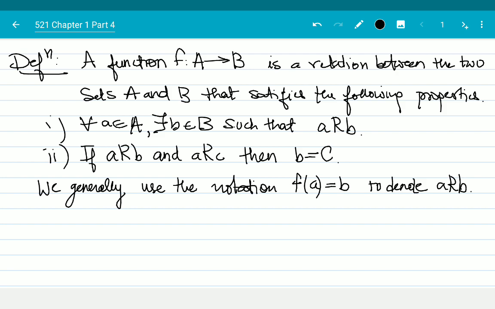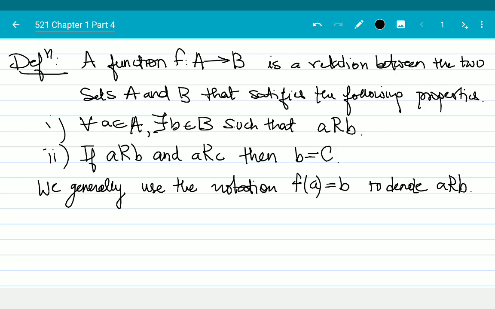Okay, so you have seen functions before. You have probably done calculus, you have done some other courses, you have seen functions before. But this is the formal definition of functions that we are going to use. And this is what we are going to use to prove other things. And all our statements are going to be using this definition.